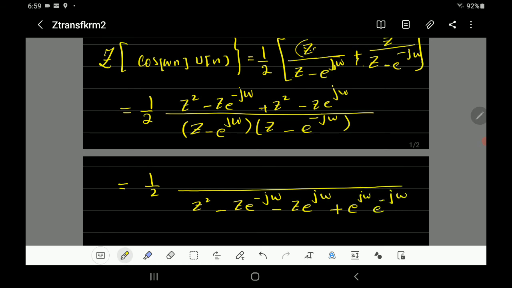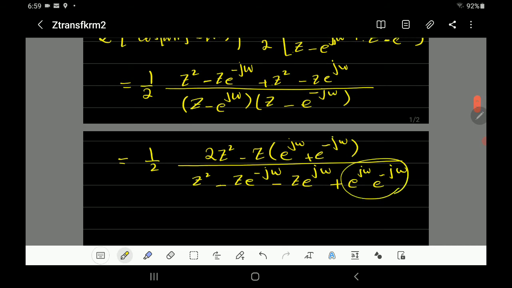And the one on the top here, you have z square and z square, you get 2z square minus z, taking it as a common factor. What's left? e to the j omega plus e to the minus j omega. All right. Observe this term. We have e to the power of something times e to the minus something, which will be e to the power 0, which is equal to 1. So this term reduces to 1.